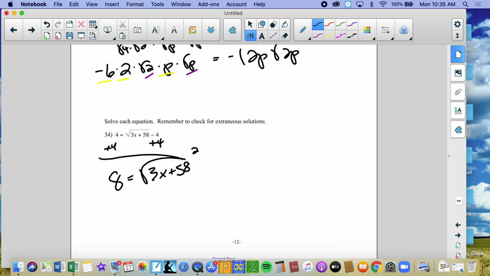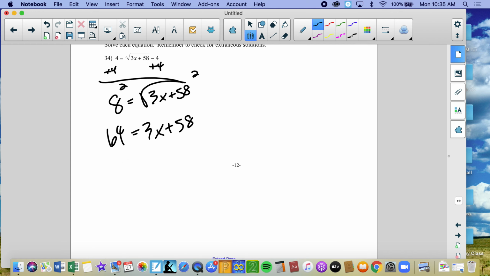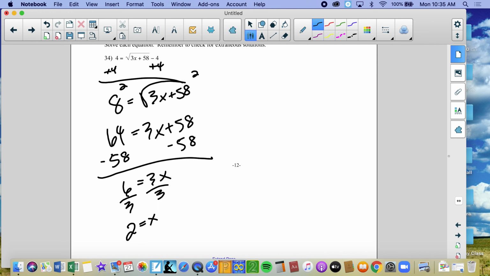What gets rid of a square root is a square, so we're going to square both sides. You get 64 equals 3x plus 58. And now we're going to subtract 58. And that gives me 6 equals 3x, divided by 3, and you get 2 equals x.